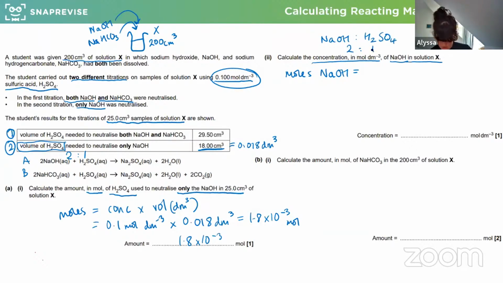So if our moles of H2SO4 were 1.8 times 10 to the minus 3, we'll double check. So it would be 2 to 1 sodium hydroxide to sulfuric acid. So the moles of sodium hydroxide must be twice as big as the moles of H2SO4.